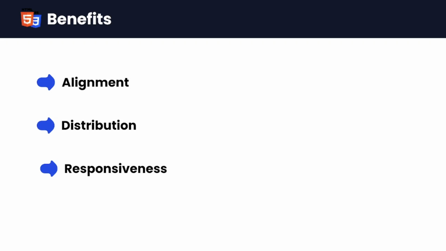So flexbox can be used to distribute space between items and include the ability to adjust their sizes. We'll see that in a minute. And the last one here says responsiveness. So basically flexbox simplifies the creation of responsive designs that adapt to different screen sizes.